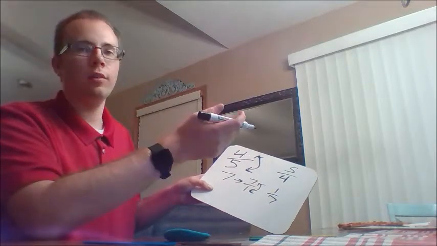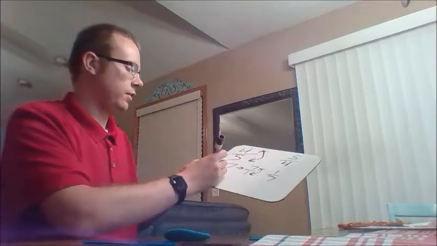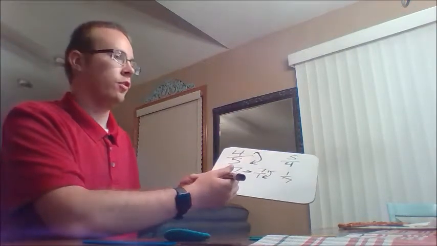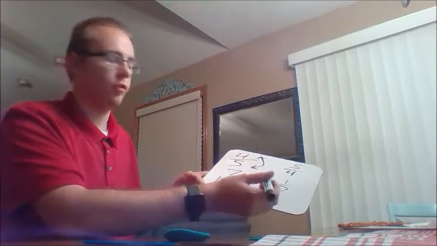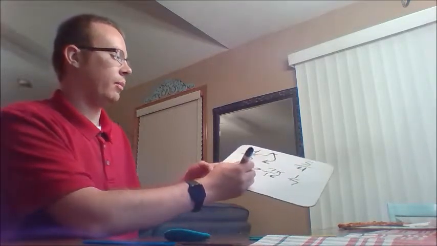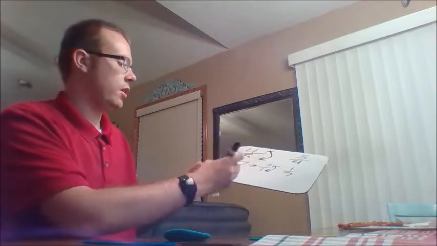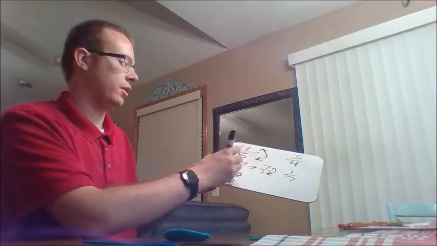You can even find the reciprocal for mixed numbers. If you have 1 and 1/2, first we need to put this into a nice fraction. Right now it's a mixed number, we're going to put it into a fraction. We're going to stick with that bottom number, 2. We're going to turn 1 into 2 over 2 because that's the same thing.